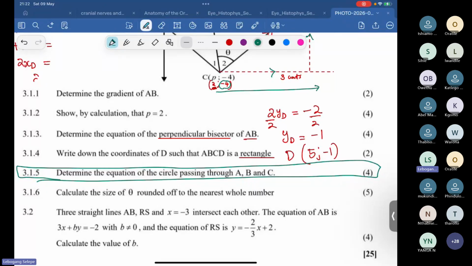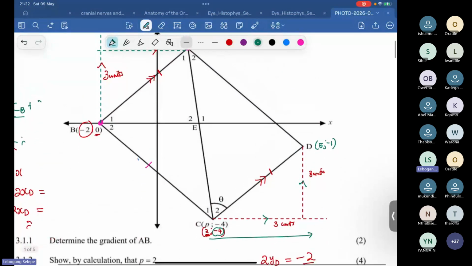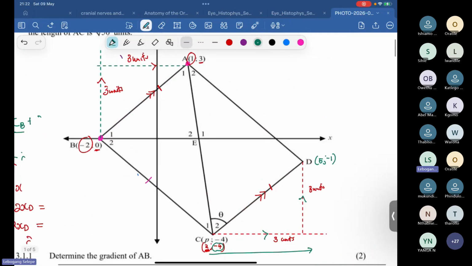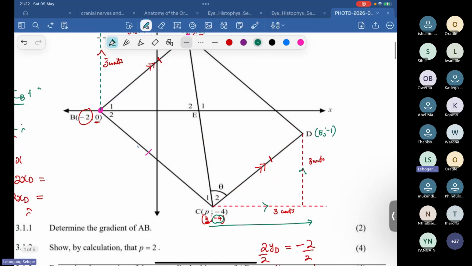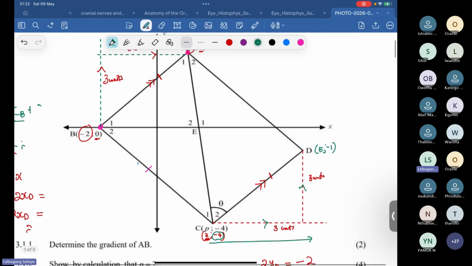Now the next question says, calculate the size of theta, rounded off to the nearest whole number. You must round it off to the nearest whole number. So now, what is it that we must calculate? We need to find the size of theta.